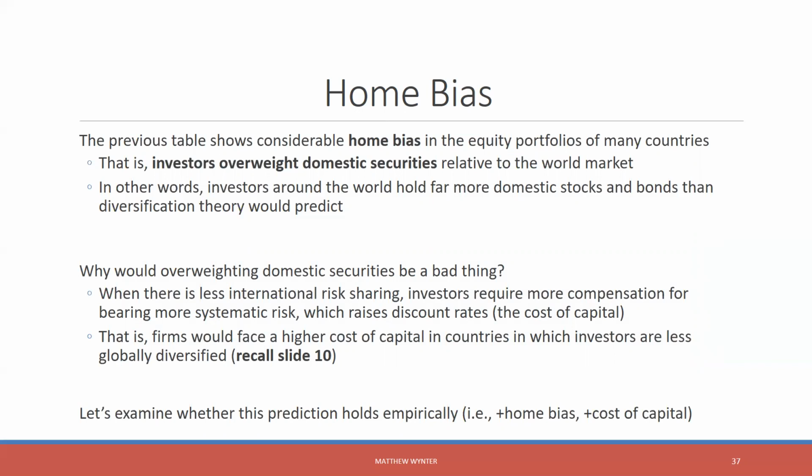Why would overweighting domestic securities be such a bad thing? Well, as we recall from slide 10, when there's less international risk sharing, investors require more compensation for bearing more systematic risk. More compensation for bearing more systematic risk means they require larger discount rates. So it raises the cost of capital. So we would expect firms within these countries to face a higher cost of capital, right?